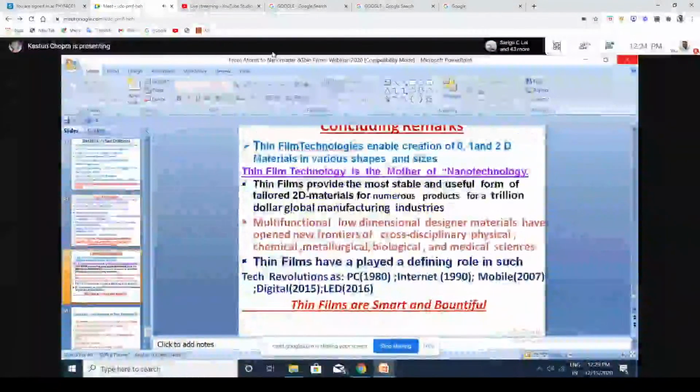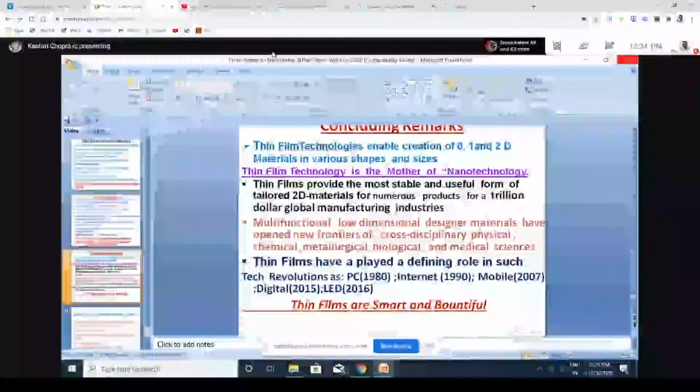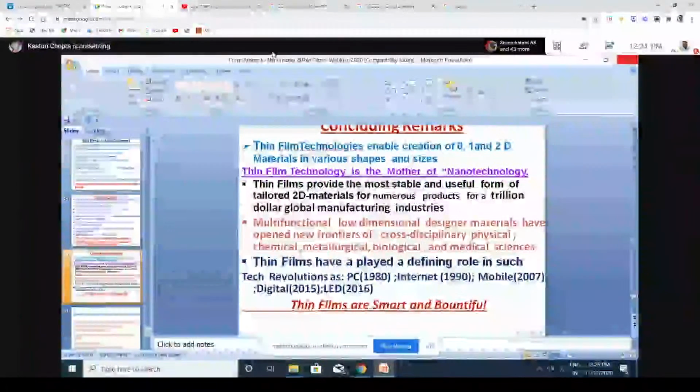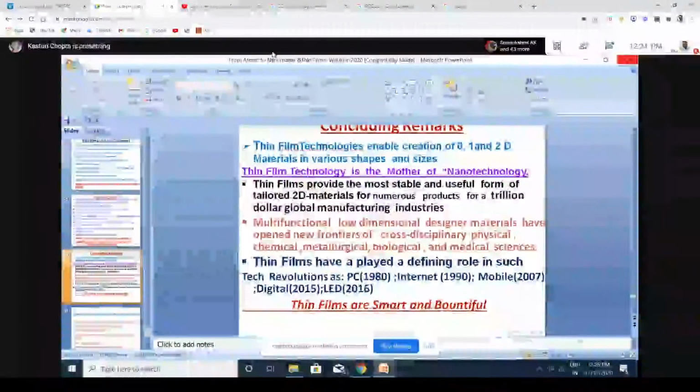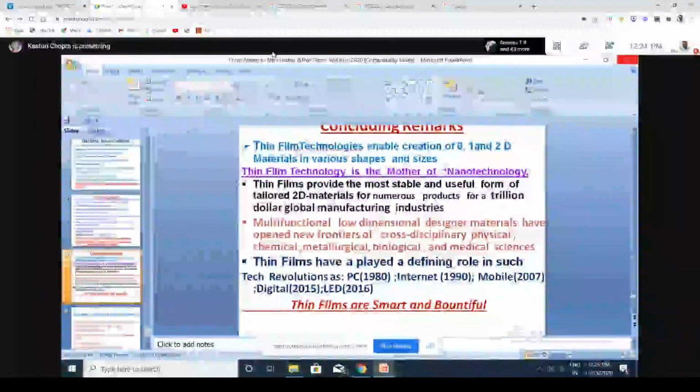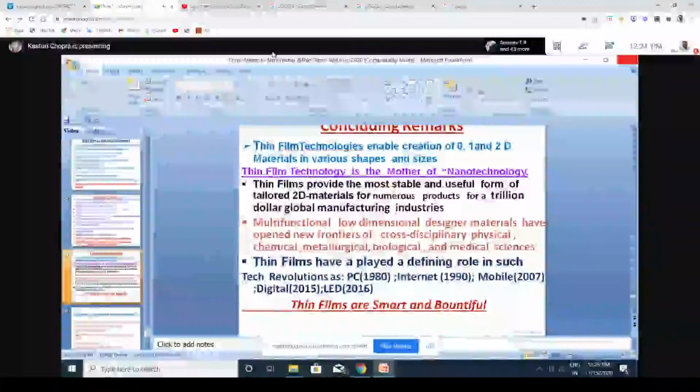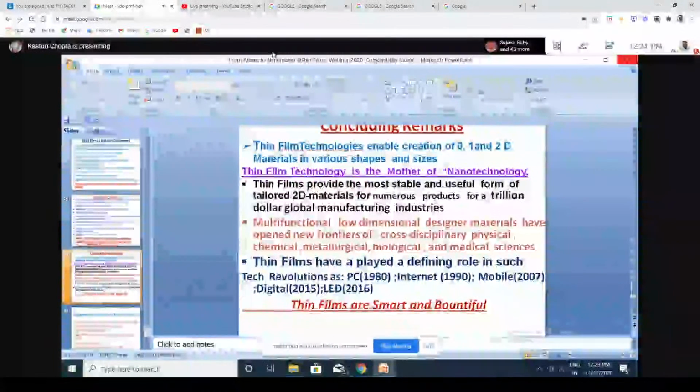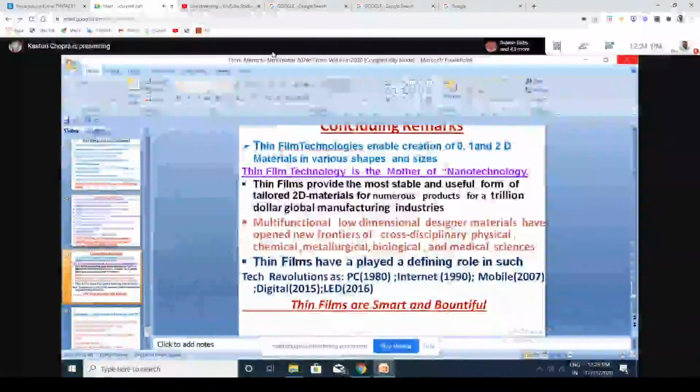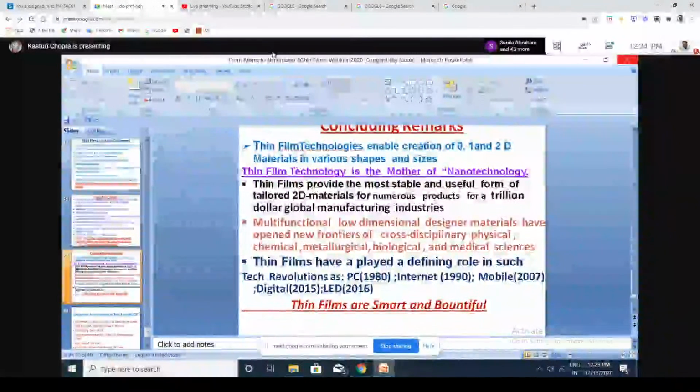All right. So the concluding remarks are that thin film technologies have enabled us to create 0, 1, and 2-dimensional materials in various shapes and sizes. Thin film technology is the mother of nanotechnology. Thin films provide the most stable and useful form, and that's why they are used in the $1 trillion manufacturing industry today.